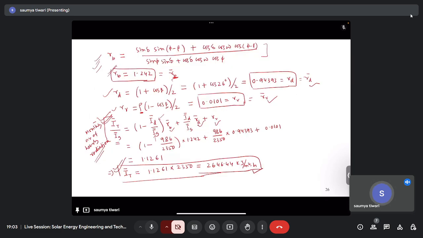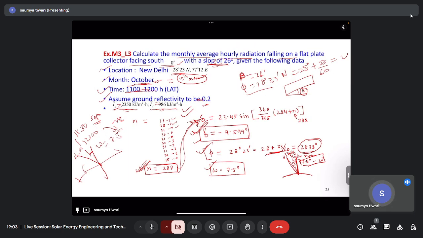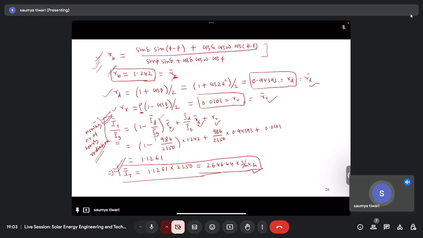Now we can quickly calculate the tilt factor for beam radiation. The formula we already know, in terms of declination angle, latitude angle, tilt angle, and hour angle. We can put all these parameters into the equation and calculate the RB value. Since it's been calculated for the representative day, it can also be written as RB bar.